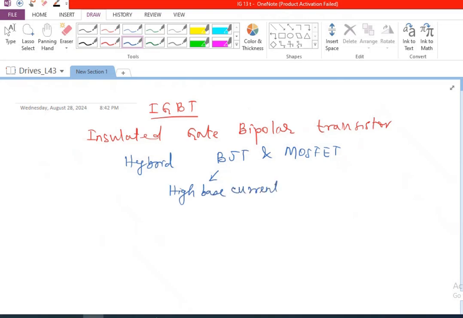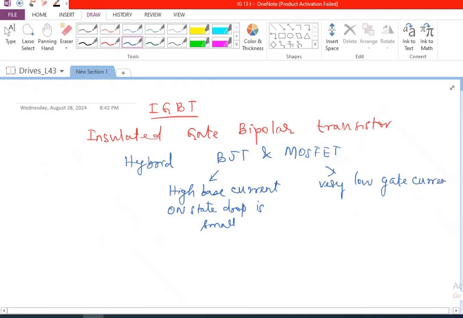Whereas its on-state drop is small. But MOSFET actually requires very low gate current, and it operates at high frequency, but on-state drop is high.